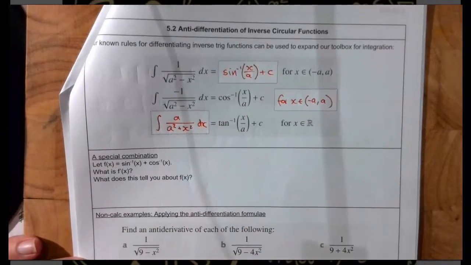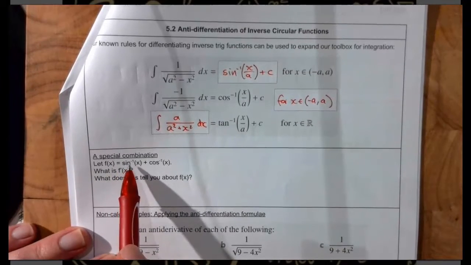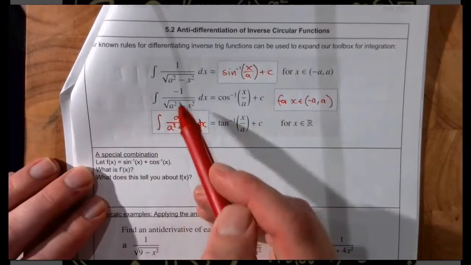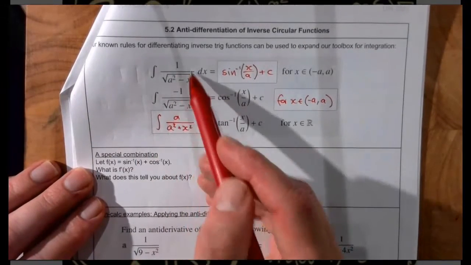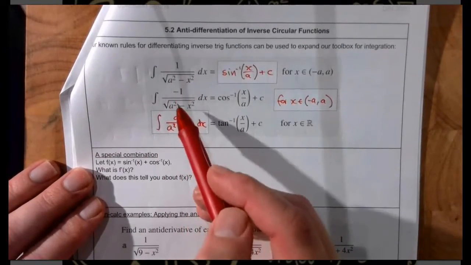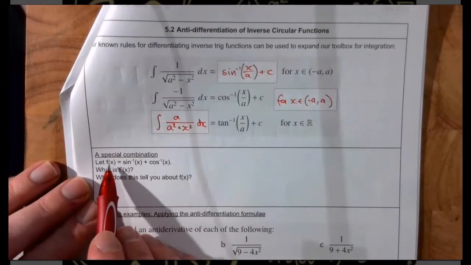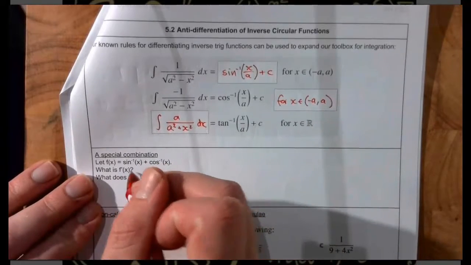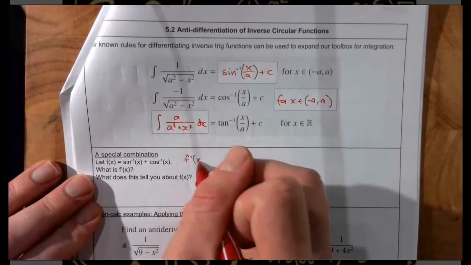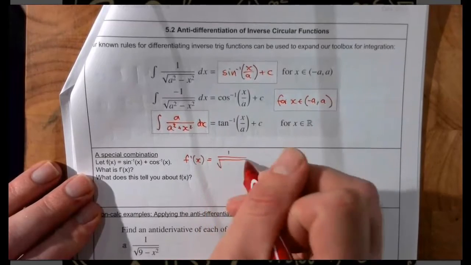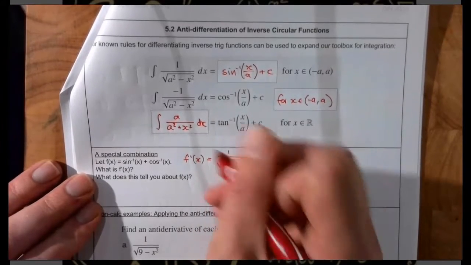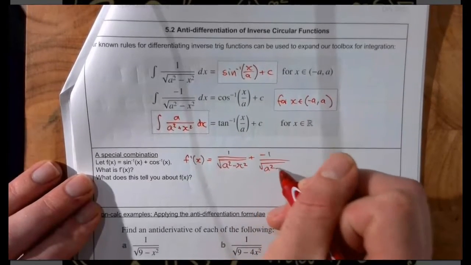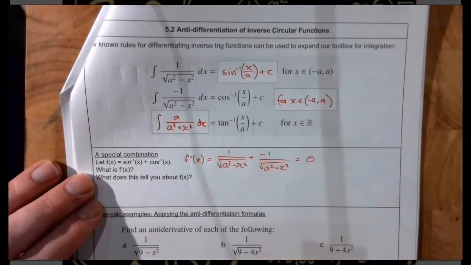Just a little bit of an aside here. I want us to explore this idea of sine inverse plus cos inverse, because I'm sure you've noticed that these results are the same, but just one's positive and one's negative. So if I've got a function which is sine inverse plus cos inverse, that makes the derivative of that, f dash of x, equal to 1 over root a squared minus x squared, plus minus 1 over root a squared minus x squared, which is obviously 0.